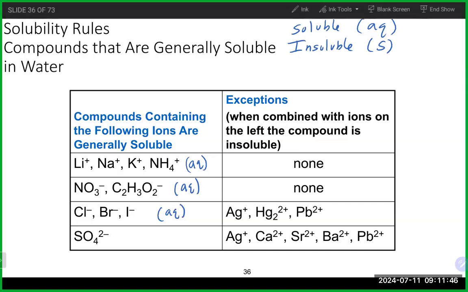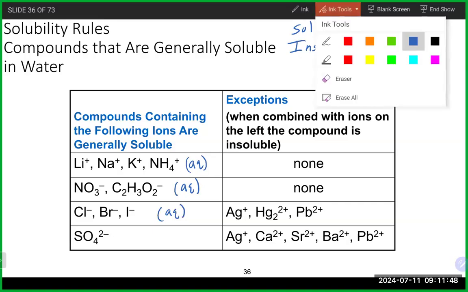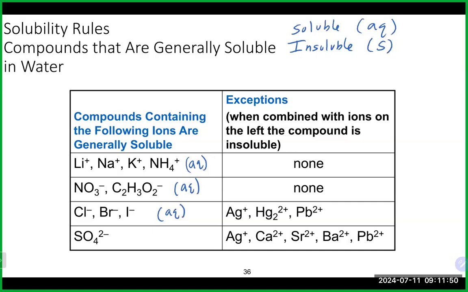But in this case, there are some exceptions. The 3 exceptions are if it's hooked up with silver, mercury(I), by the way, and lead(II). So if you have silver, mercury(I), or lead(II), that is going to be the opposite of being soluble, which means they will be insoluble and will form a solid.